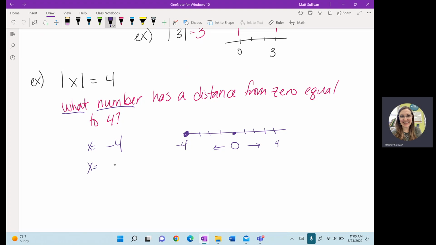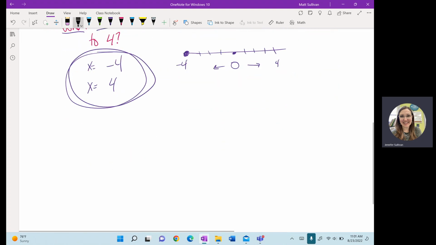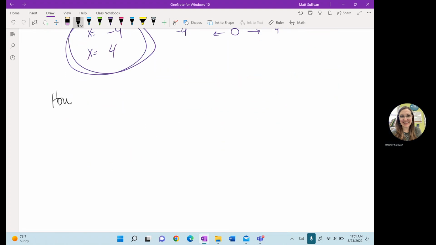So when we solve equations with absolute values, we have two answers. We have two numbers that we can plug into this x in my equation and get a true statement. So I have a process for how to do this, okay? Here's how to solve absolute value equations.